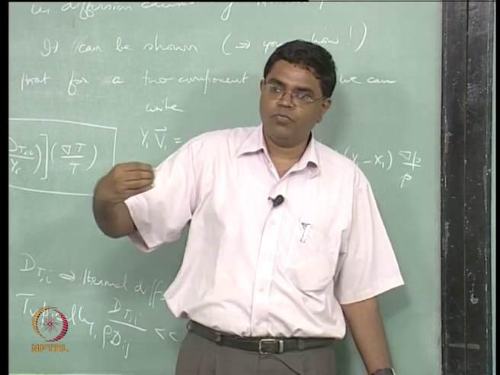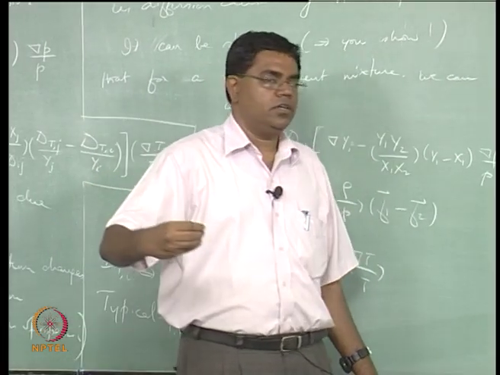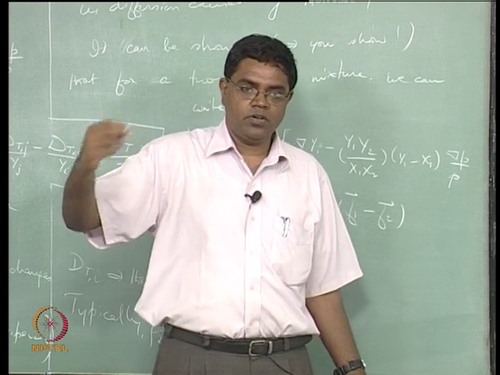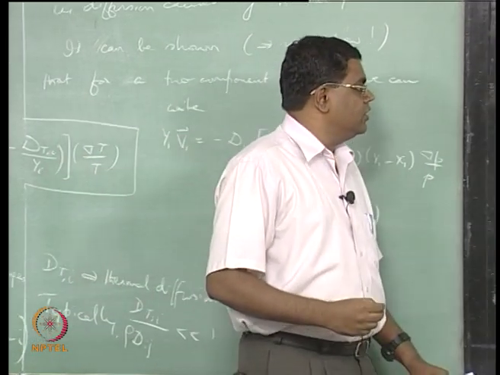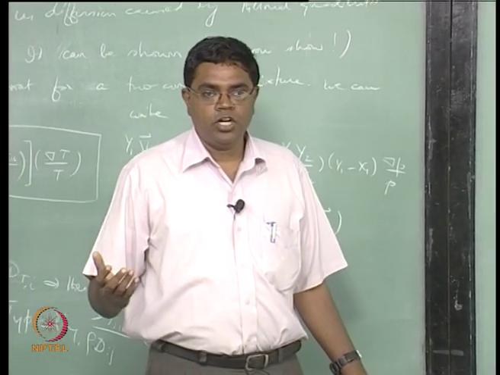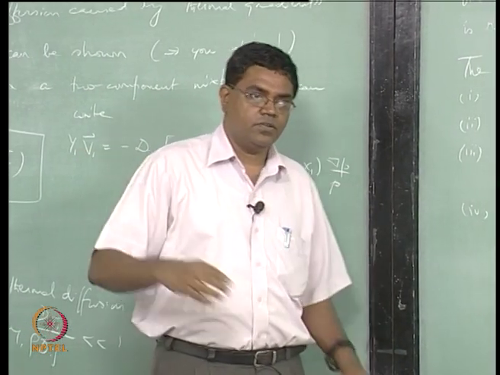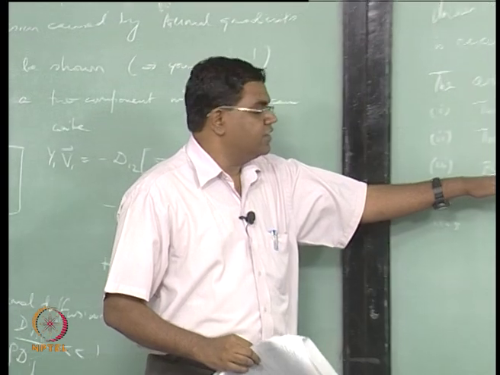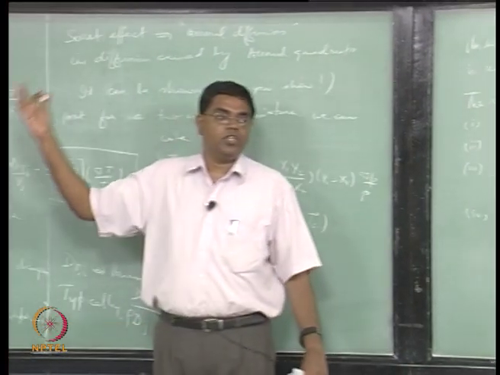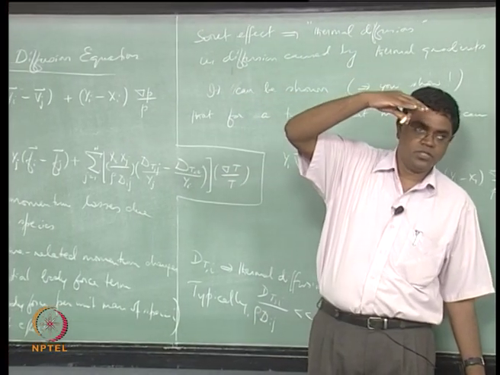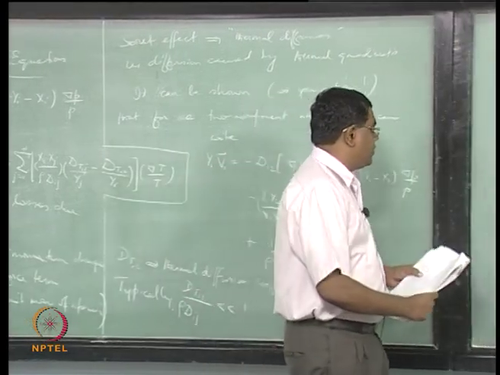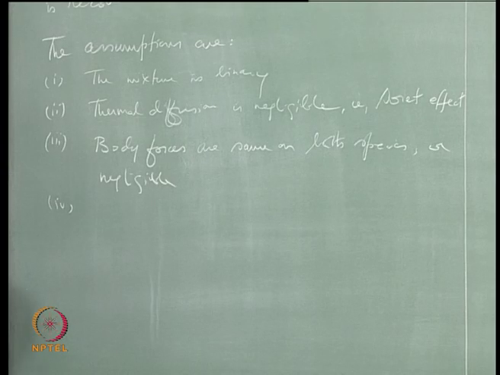So from a quantitative point of view, gravity does affect not just the shape of the flame but lots of other interesting parameters. So you might want to keep gravity, but fortunately for us gravity would affect different species to the same extent, so that's fine. It doesn't affect this equation; it shows up in the mixture momentum equation. So keep it there, you don't have to worry about it here.